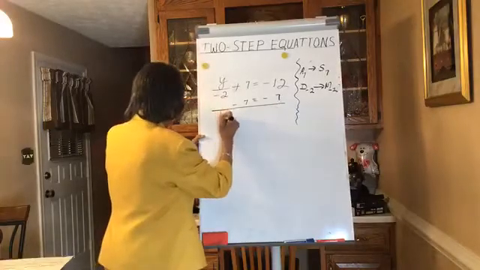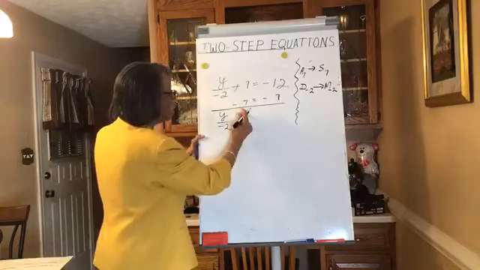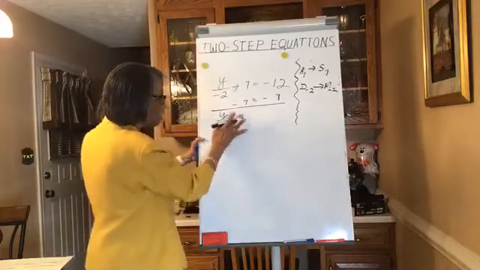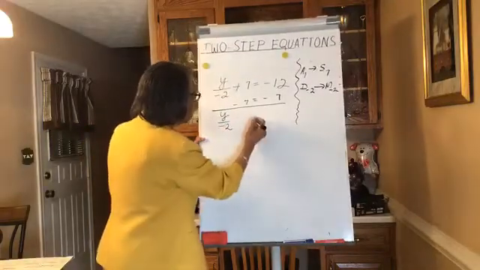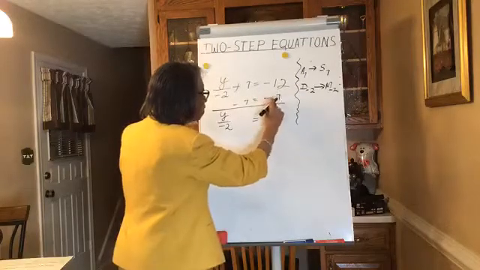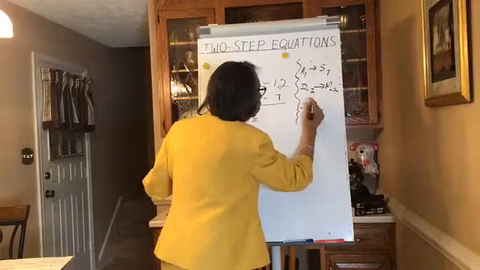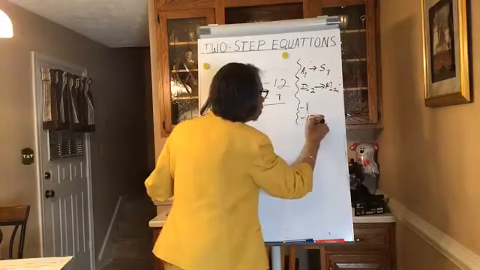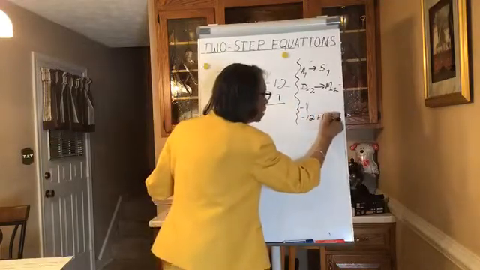Okay, so we have y divided by negative 2. The reason we did this inverse operation is so that we could get the y term over here by itself. All right, and then we have negative 12 plus the opposite of positive 7, which is negative 7.